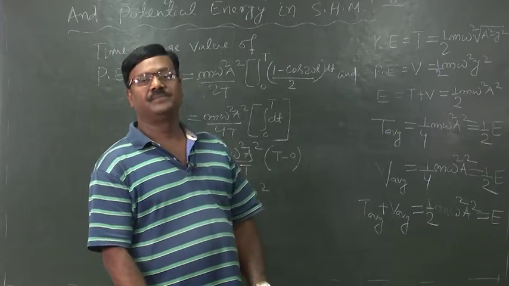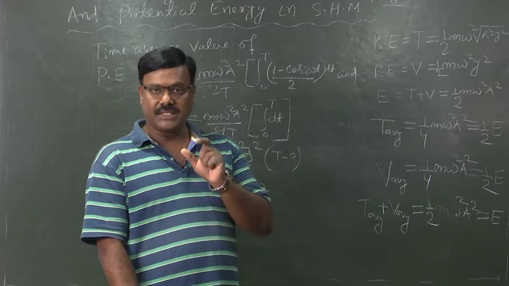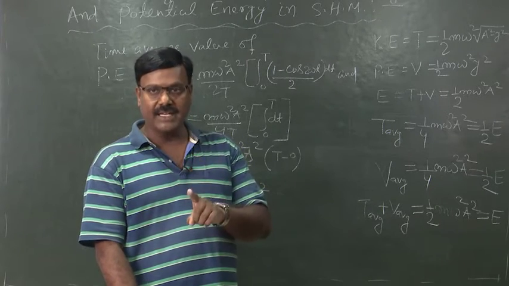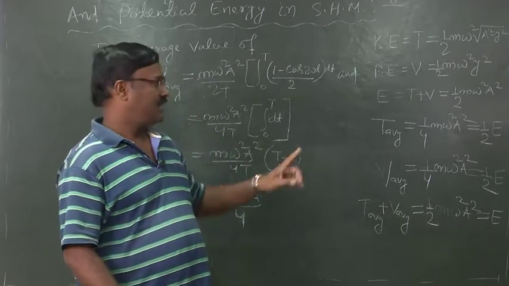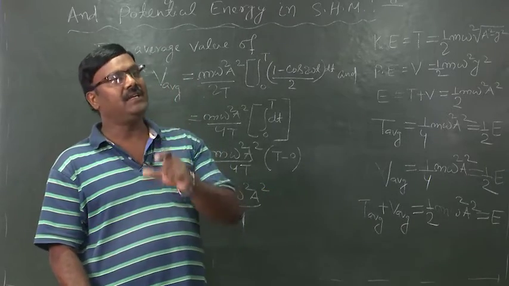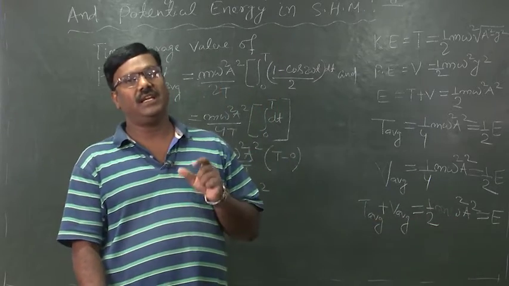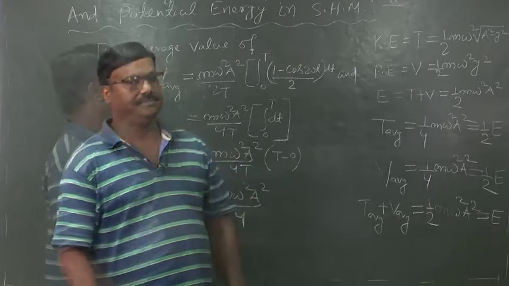That is, what will be our conclusion? From the time average values of kinetic energy and potential energy, we found that the sum of the time average values of kinetic energy and potential energy is equal to the total energy of the body executing in SHM.